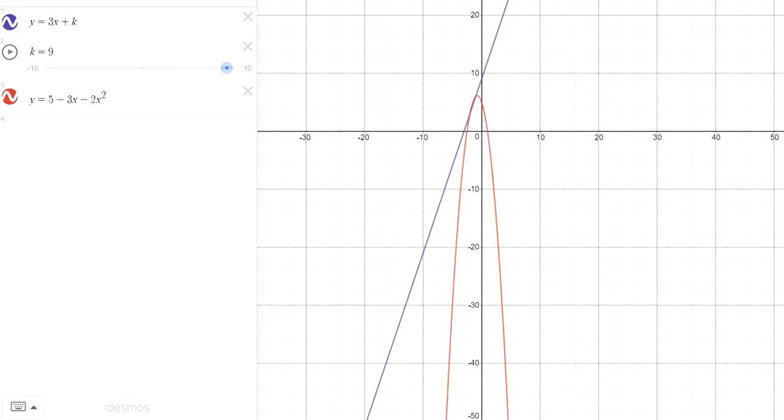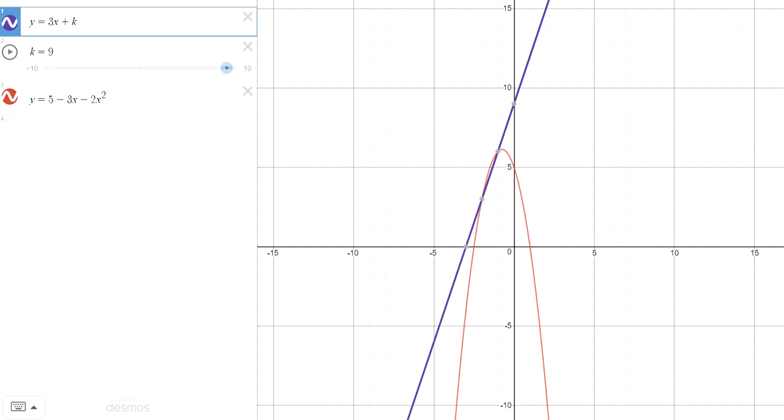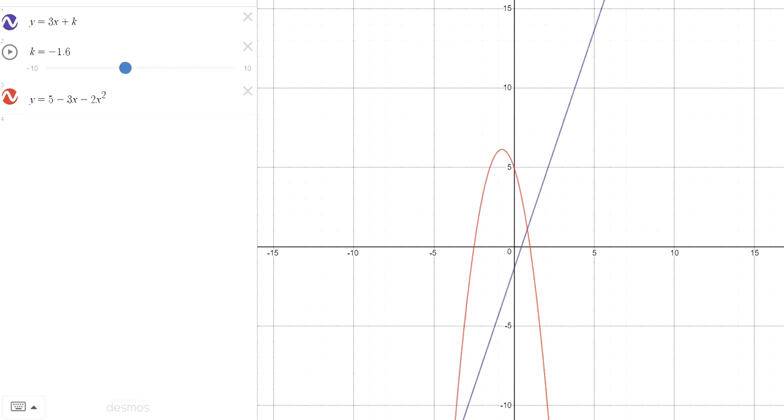Okay, parabola and straight line. As my k changes, my line slides to the left, to the right. See how the straight line changes as I move my slider, as I change the value of k?